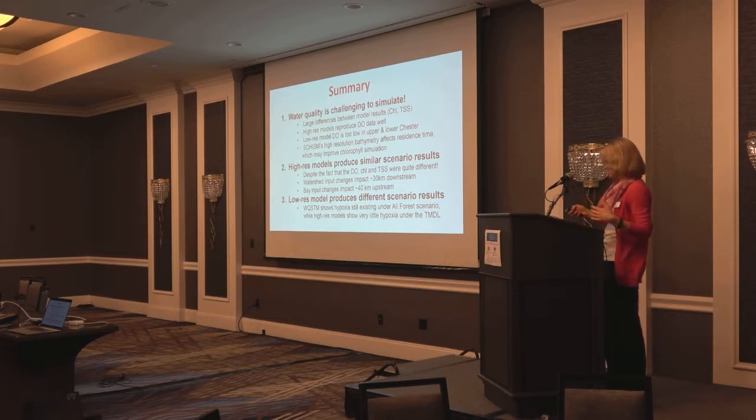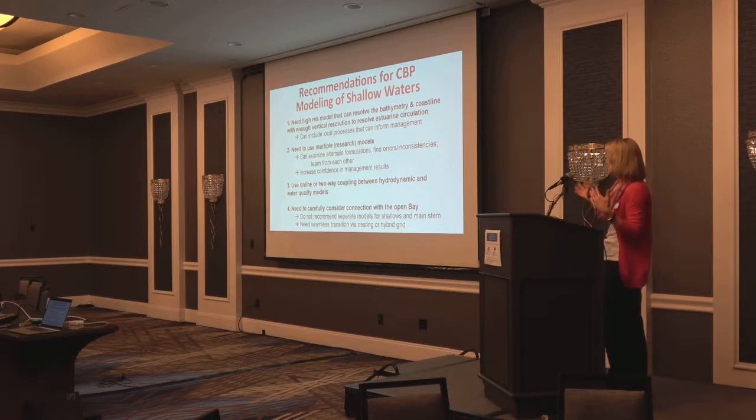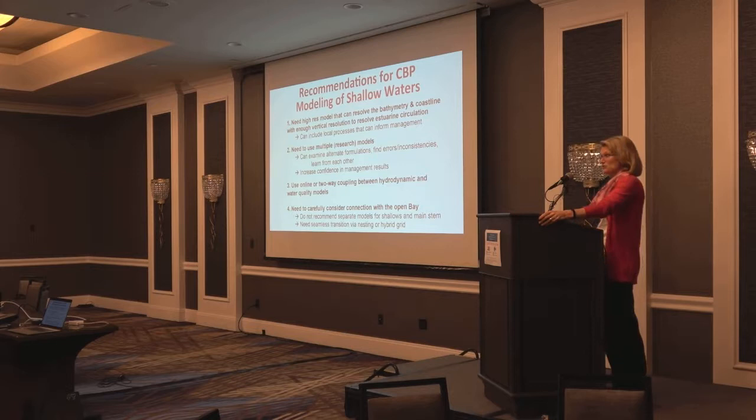So I know that was a lot of conclusions there, but we really wanted to finish up by giving some recommendations to the Bay program going forward in terms of what a next generation model of the shallows might look like. So we came up with about four points here.